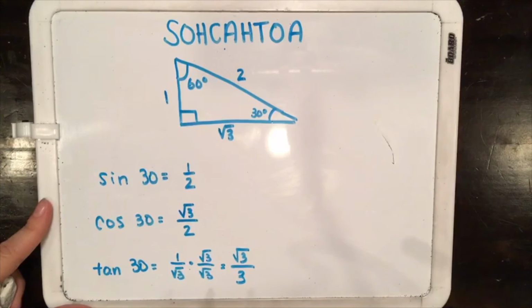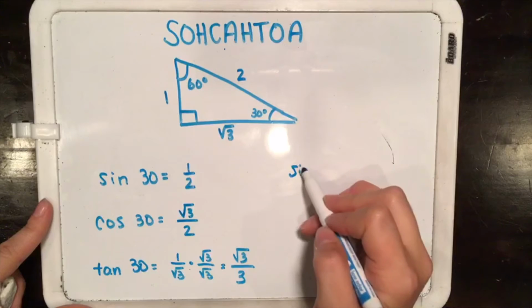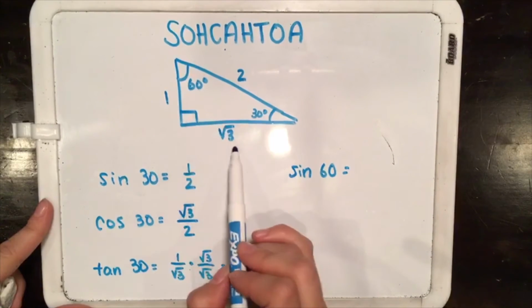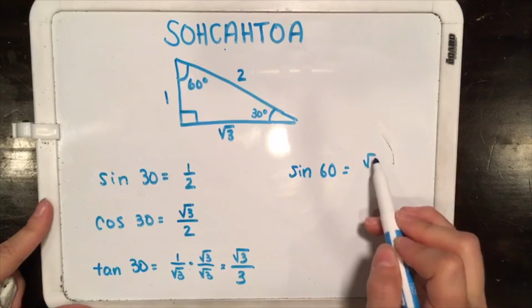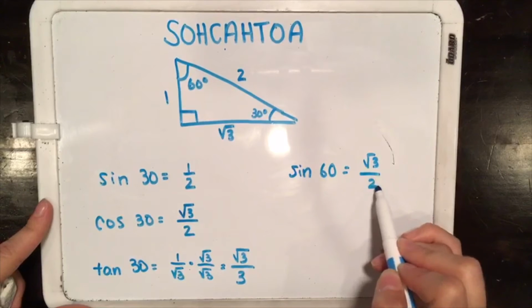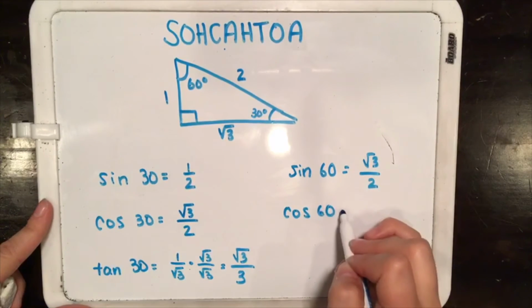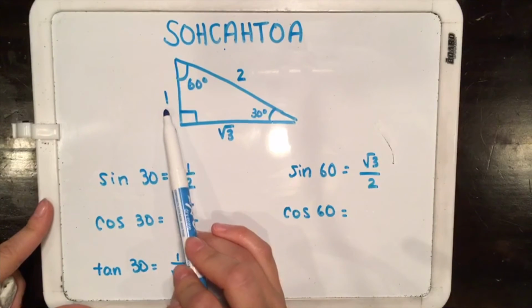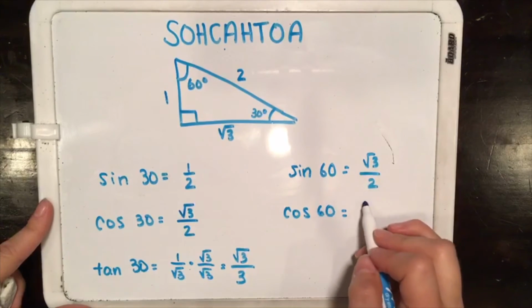Now let's do the trig ratios for 60 degrees. Sine of 60, opposite over hypotenuse, square root of 3 over 2. Cosine of 60 is going to be adjacent 1 over hypotenuse 2.